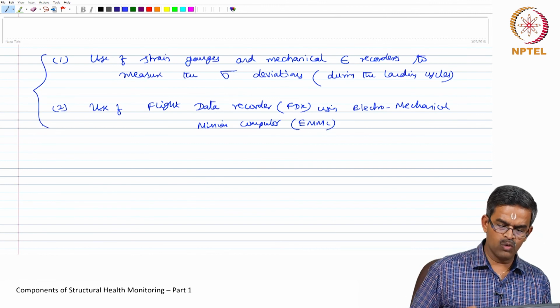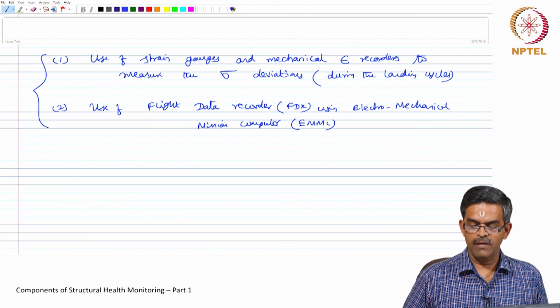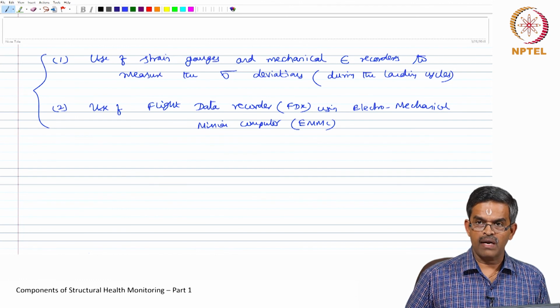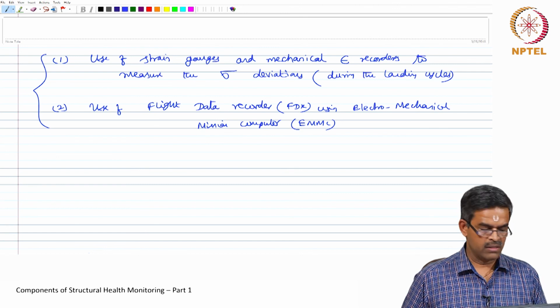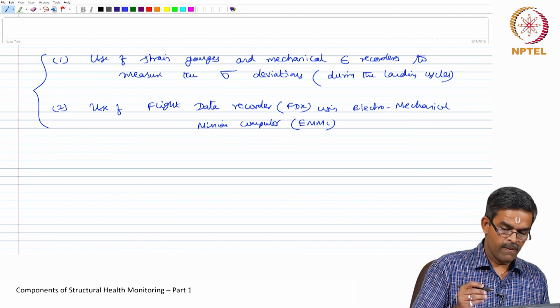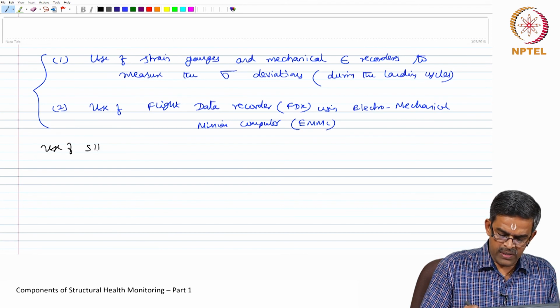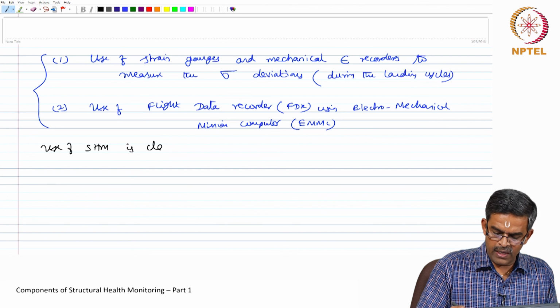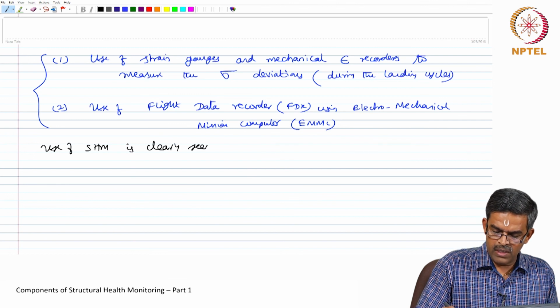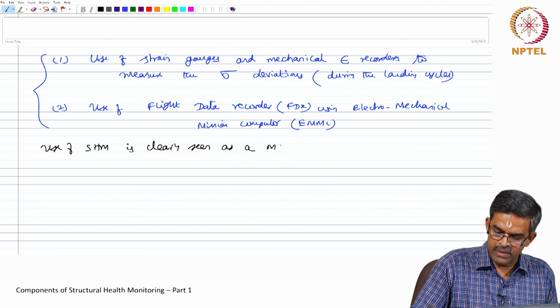Both of them are very useful in estimating the life of an aircraft and its fitness for n number of flight hours in the future. So, in both cases use of SHM is clearly seen as a major advantage.